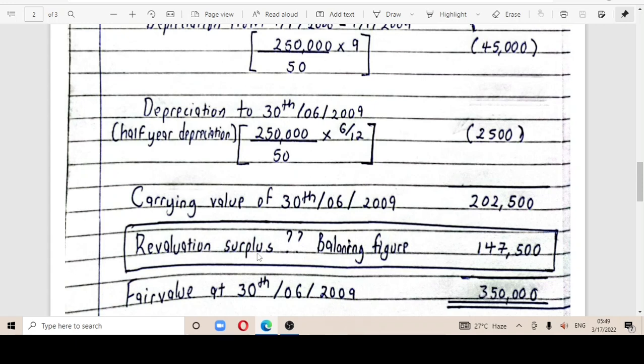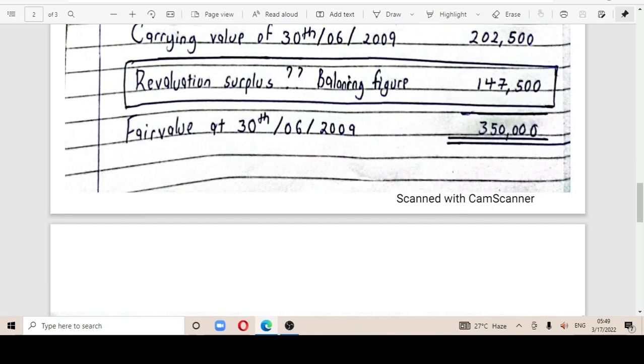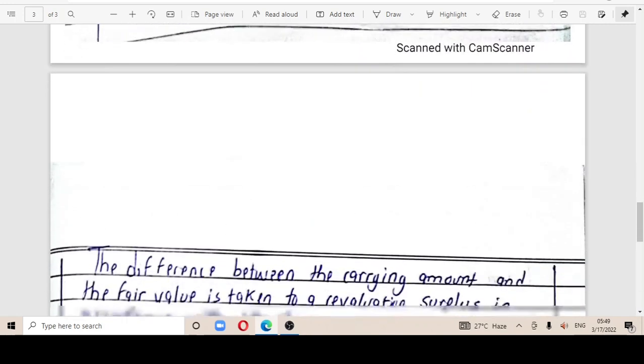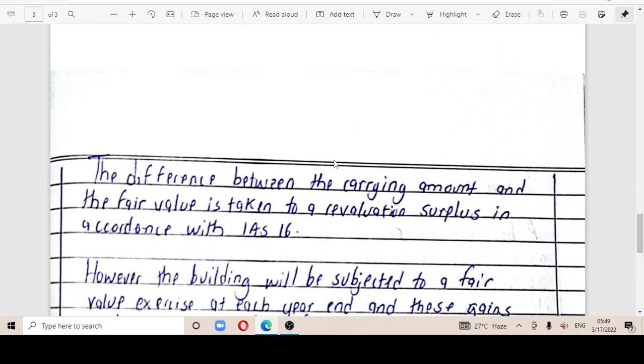So the balancing figure will be a revaluation surplus of this amount. The difference between the carrying amount and the fair value is taken to a revaluation surplus in accordance with IAS 16.